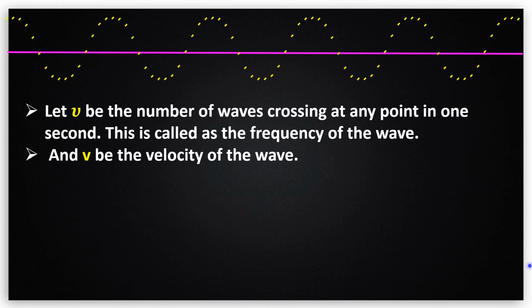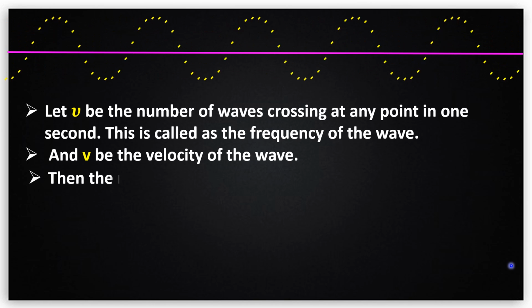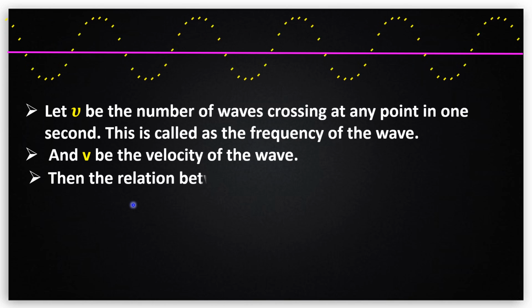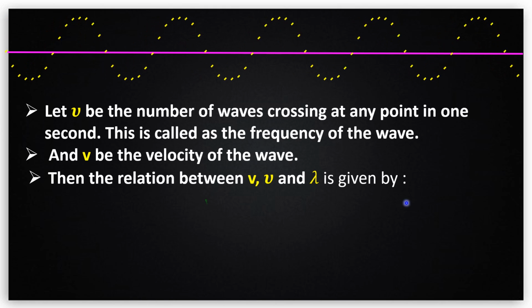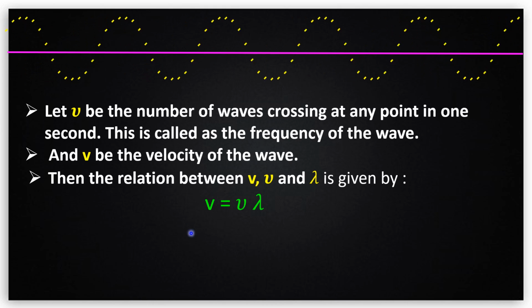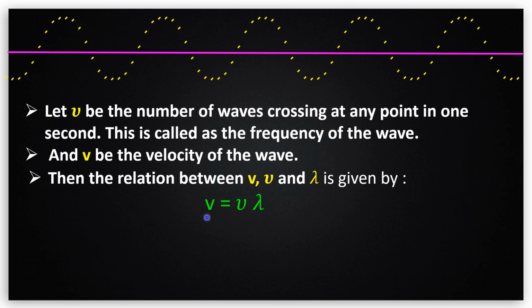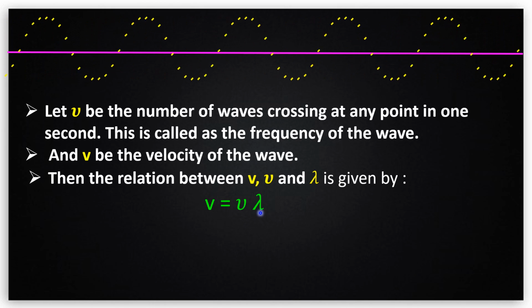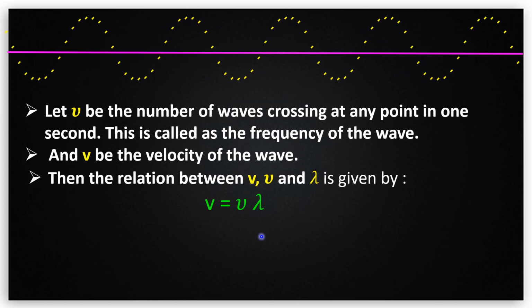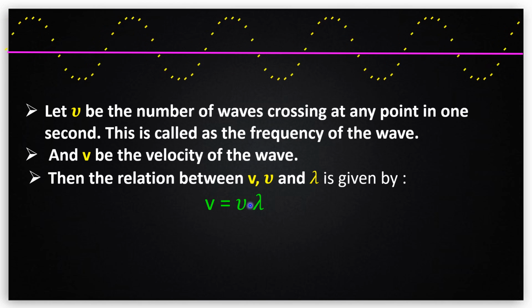Then the relation between v, nu and lambda is given by v = nu lambda. In this, v is the velocity of the wave, nu is the frequency, and lambda is the wavelength. Okay, so this is very important.